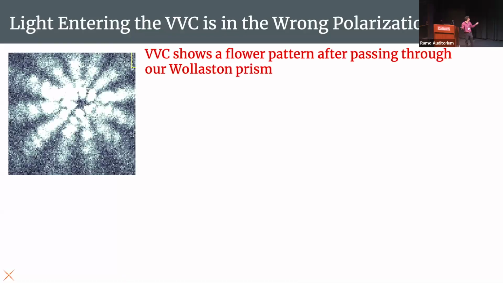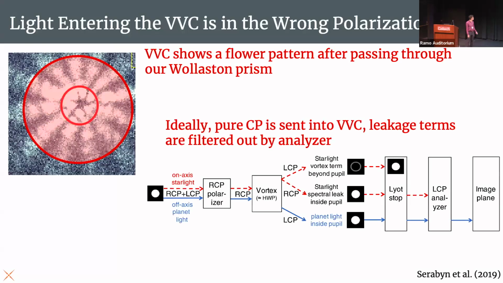And so there's a certain level of satisfaction after hours in the lab of aligning a VVC and seeing a null rise up in your image like a majestic flower, except that this is not at all what it is supposed to look like. So interestingly, when you send light that isn't purely circular polarized through a VVC and then through a Wollaston prism, you get some fun art, which is not ideal for your science.